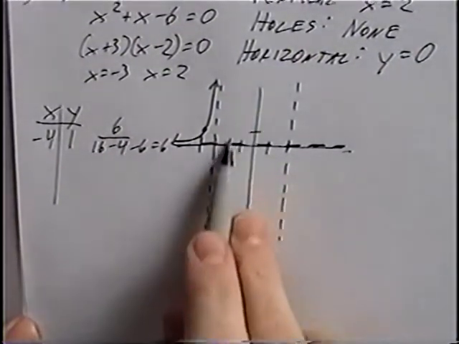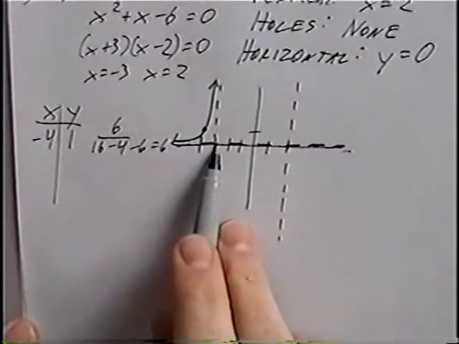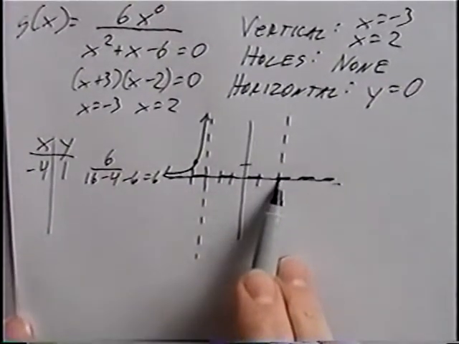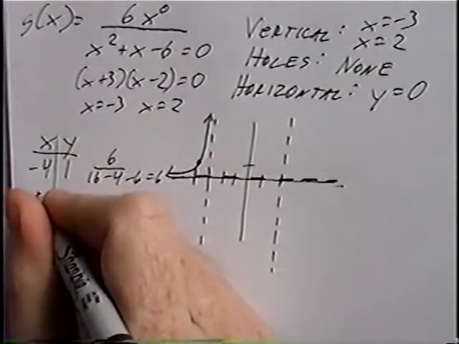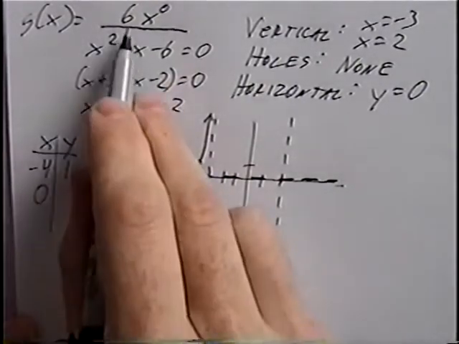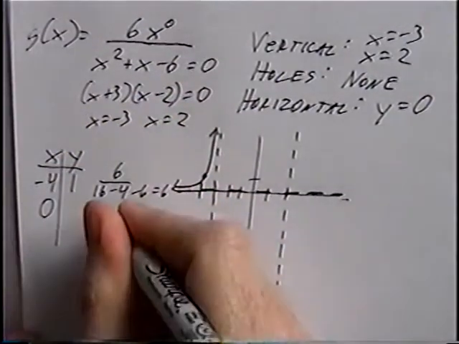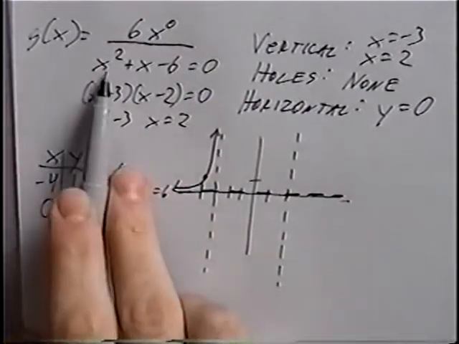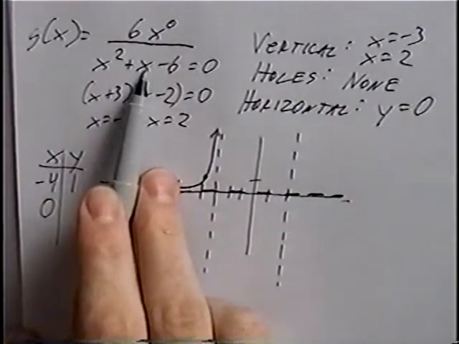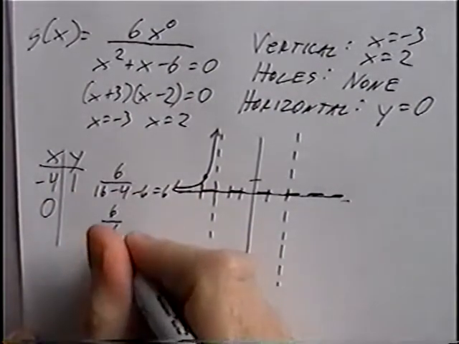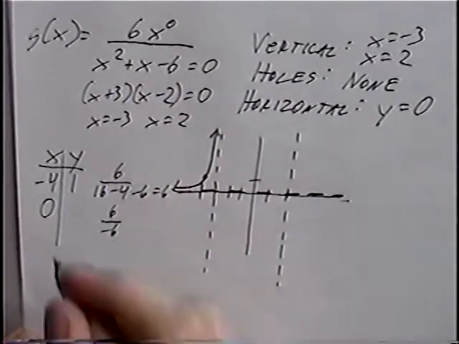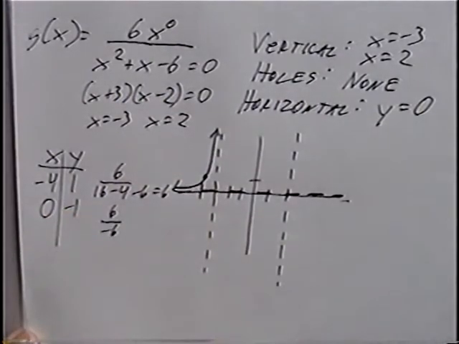Next point we'll pick is in the middle of the graph. Anything between negative 3 and positive 2, nice easy point would be 0. We'll still have 6 on top of the fraction. 0 squared would be 0, plus 0 is 0, and minus 6. 6 divided by negative 6 would be negative 1.